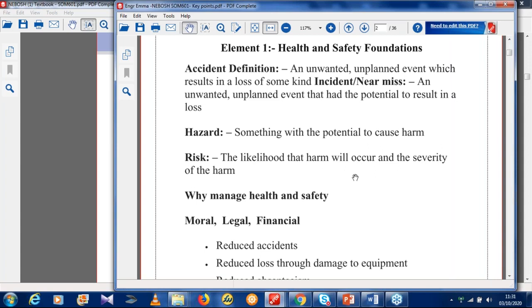Those factors in the immediate surrounding that can be influenced by tasks or work activities are what we describe as the environment. All right.